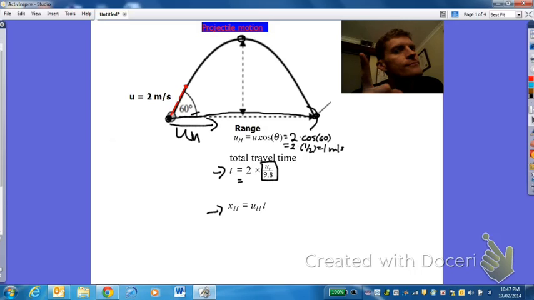So 2 lots of that now gives the full travel time. From the previous problem, the initial vertical velocity was root 3, so the time is root 3 over 9.8, and we're going to get approximately 0.34 seconds.